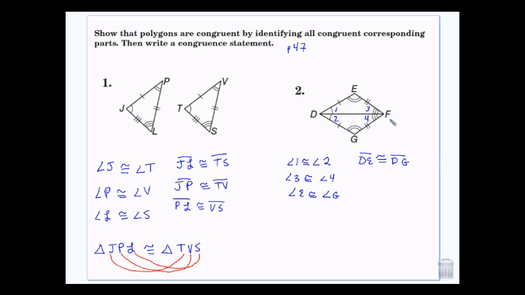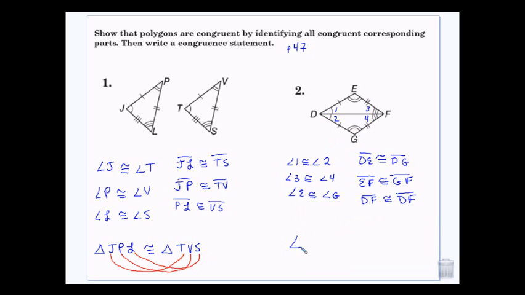Oh, I thought it was G. GF has 2 lines, DE has 1. Okay. EF is congruent to GF. And DF is congruent to itself, because it's the same line, right? So that third side of the triangle is the same.